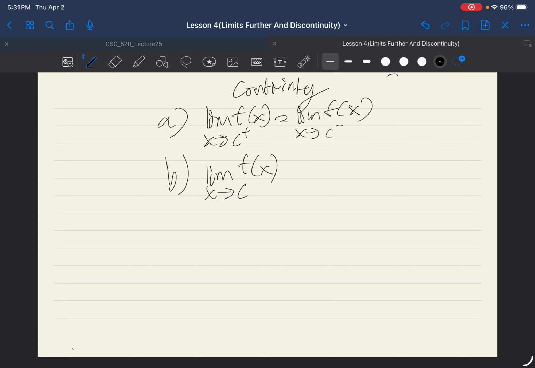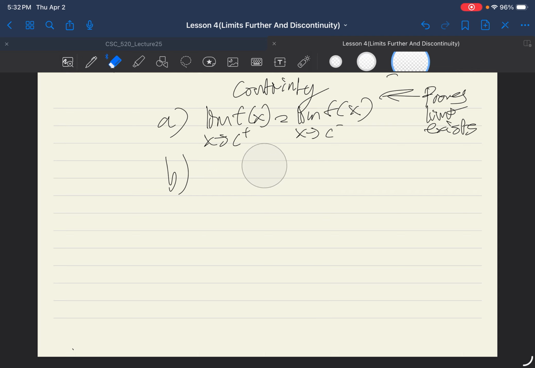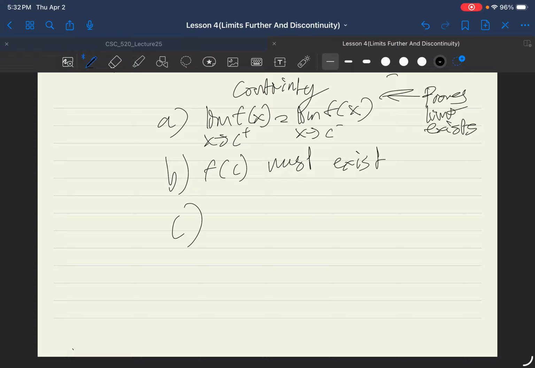So that basically proves that the limit exists, right? And then f of c must exist. And then the limit as x approaches c must be equal to f of c.